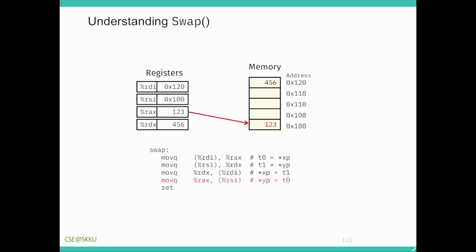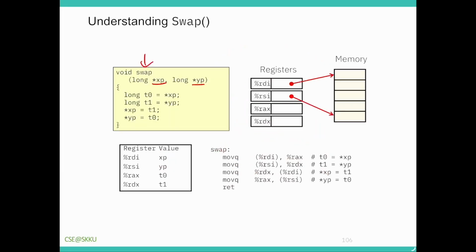In the subsequent execution, we're also going to store 123 in address 100. As a result, we just swapped the values in memory using only 4 move instructions. And these instructions in sequence implement this C function.